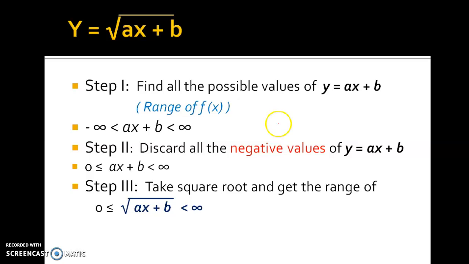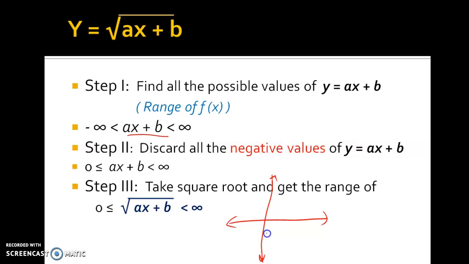For the square root of a linear function y equals ax plus b, since ax plus b always lies between minus infinity and infinity, we discard all the negative values of y equals ax plus b. See, if this is the x-axis and this is the y-axis, the range is minus infinity to infinity.